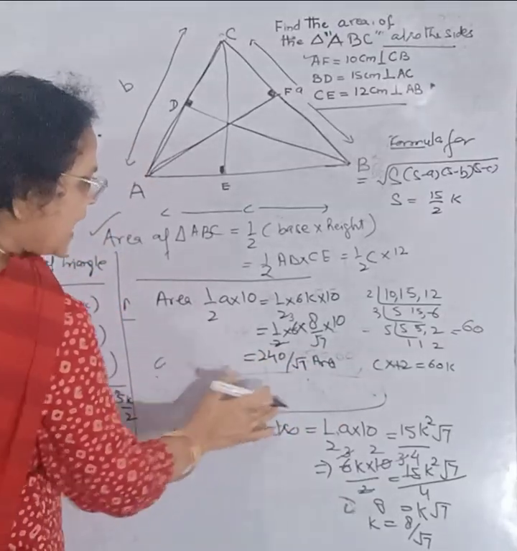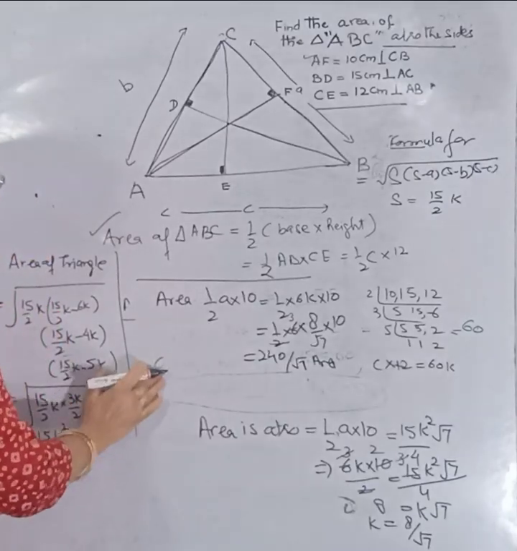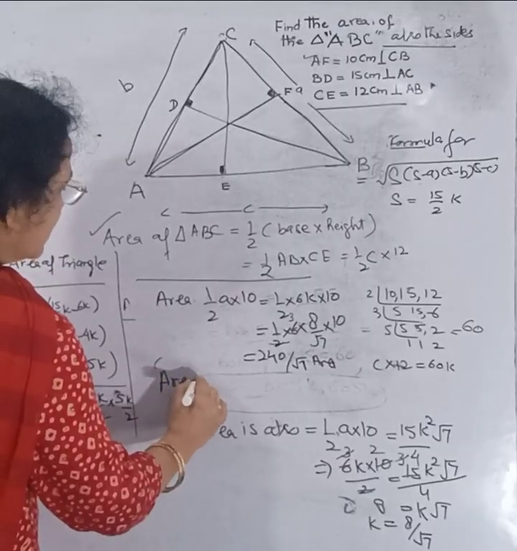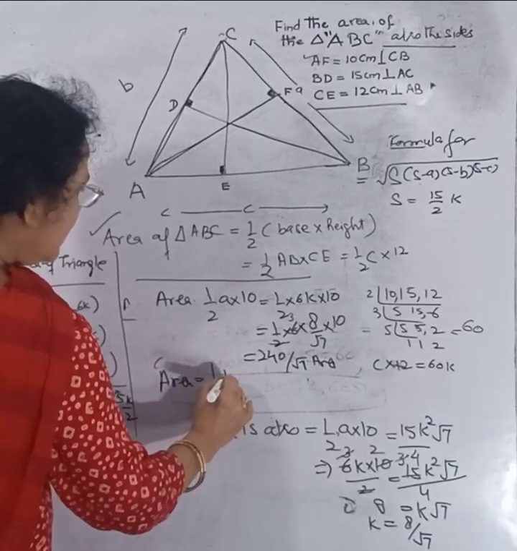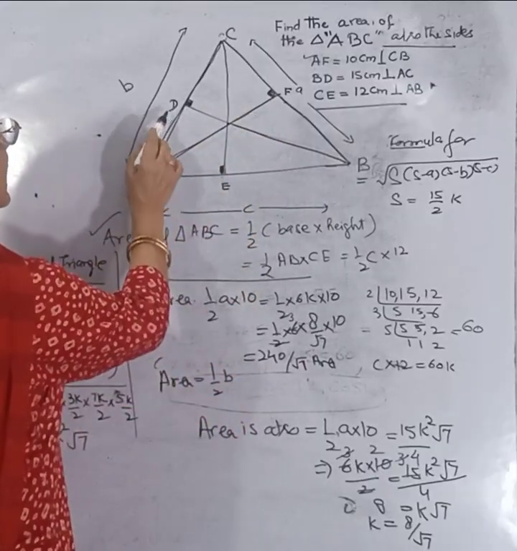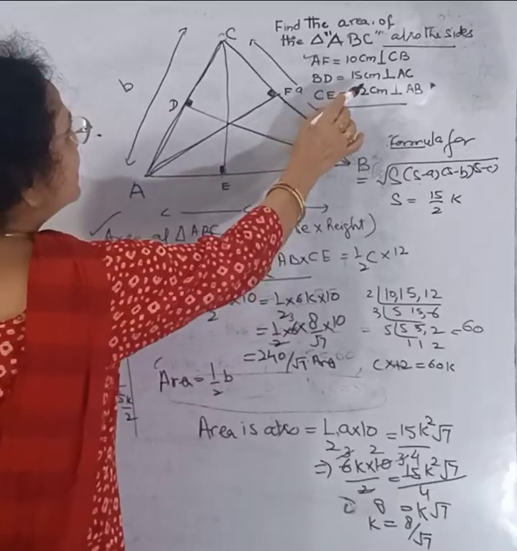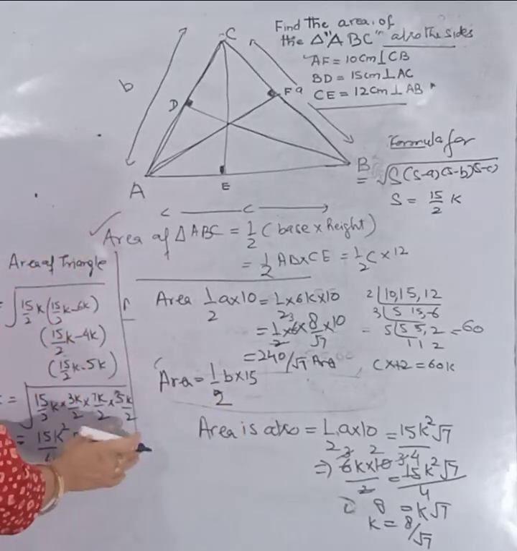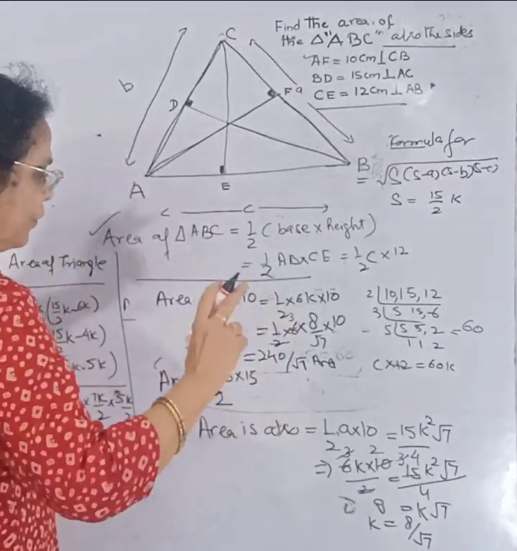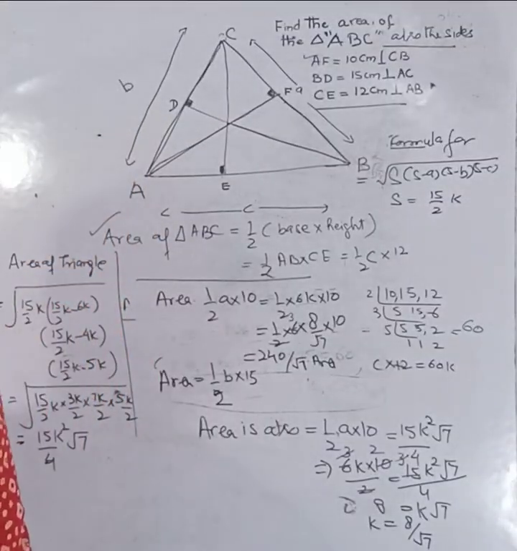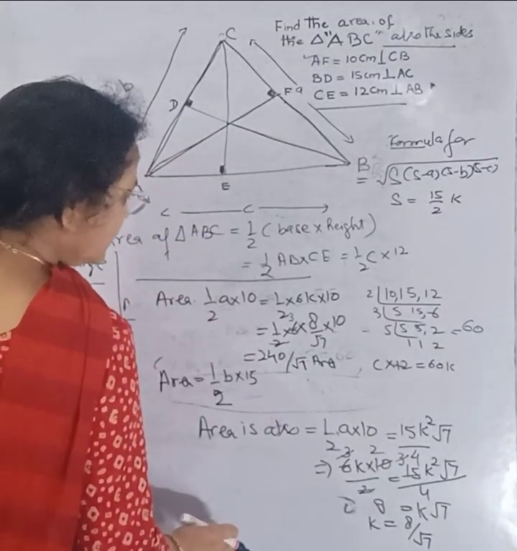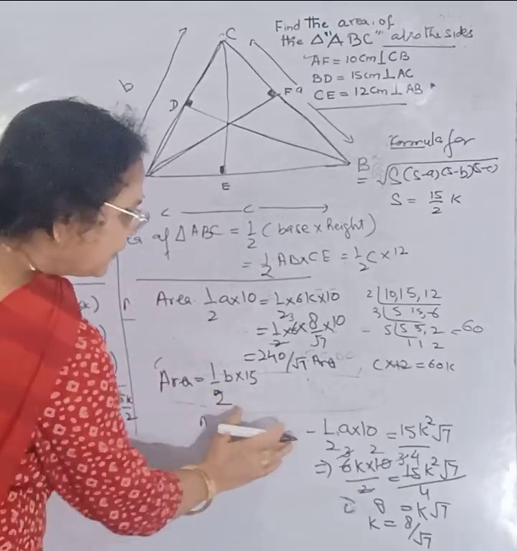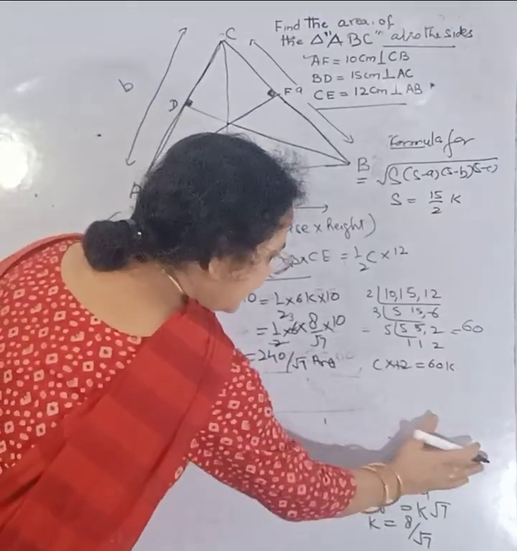You can also check it with another relation, that area is also equal to 1 by 2 B into DB. DB is equal to 15. Now B was equal to 4 times K, and the value of K is 8 upon root 7.